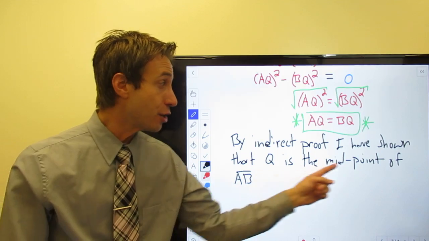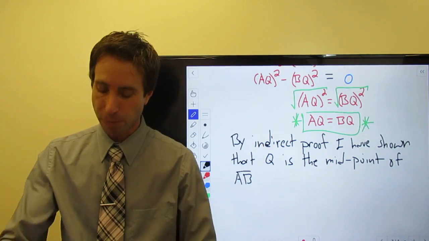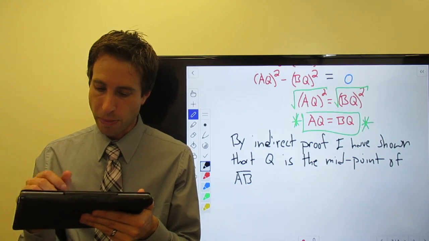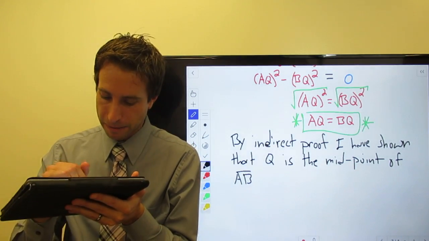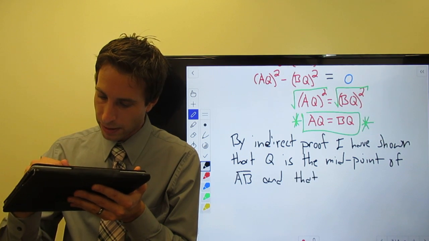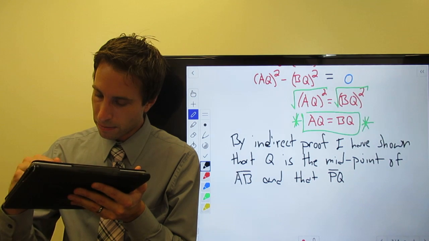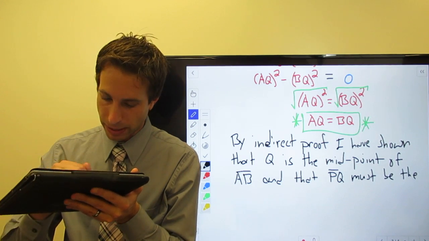Well, if Q is the midpoint, then P must be the perpendicular bisector. So by indirect proof, I have shown that Q is the midpoint of AB and that PQ must be the perpendicular bisector.